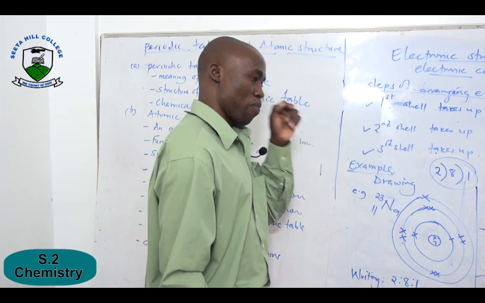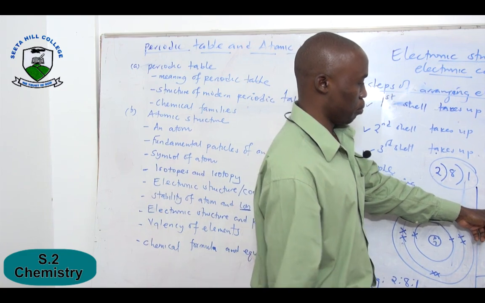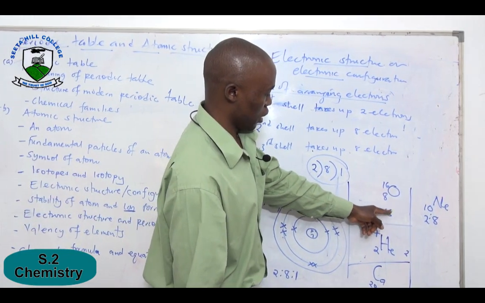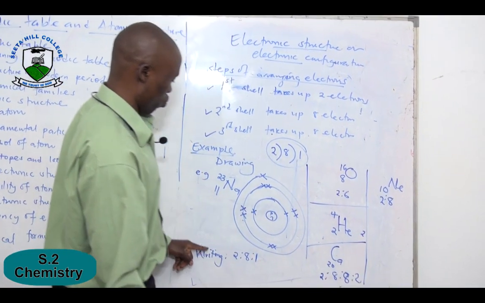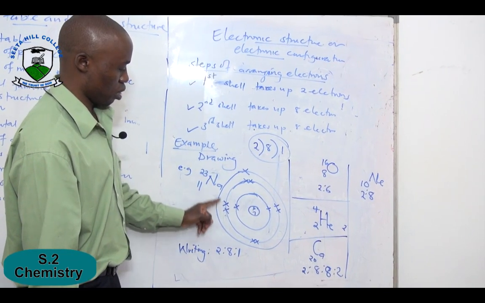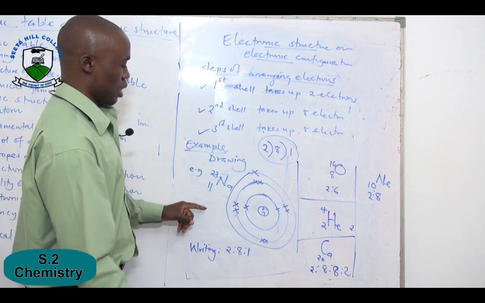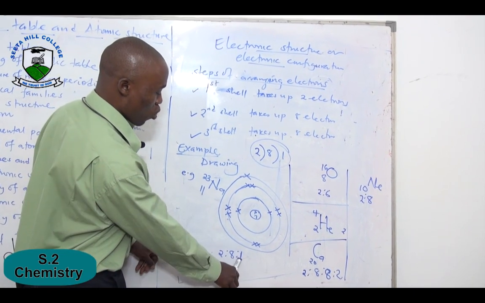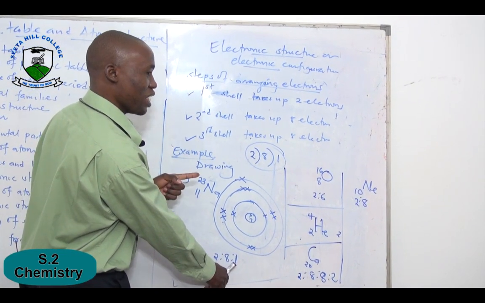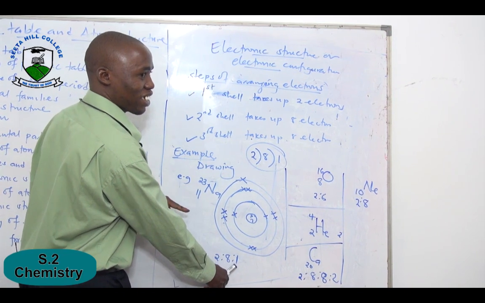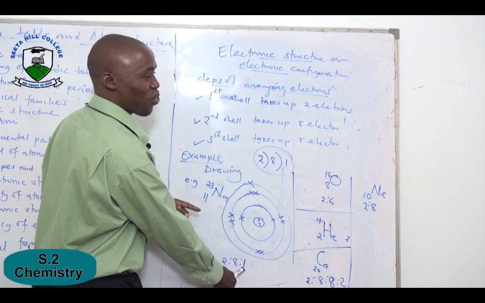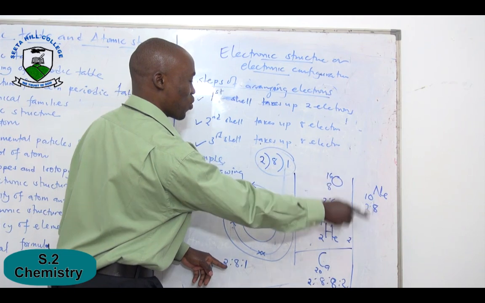See? Look into this, and you look into this. Sodium. Sodium outer shell lacks 7 to become 8. Whereas this lacks 2 to become.